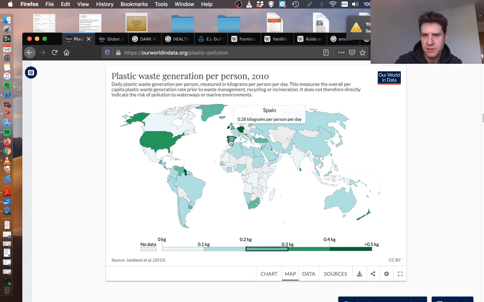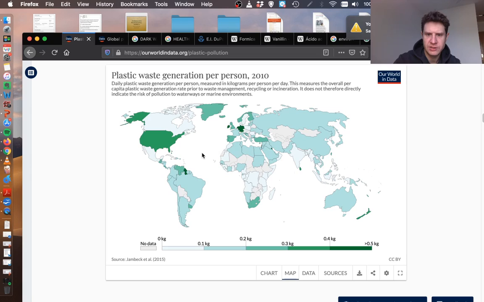Here is 300 grams of plastic per day. Look at the United States, but this is amazing. Germany, that is supposed to be very environmentally friendly, or Ireland, almost half a kilo. And Guyana, a lot of plastic.